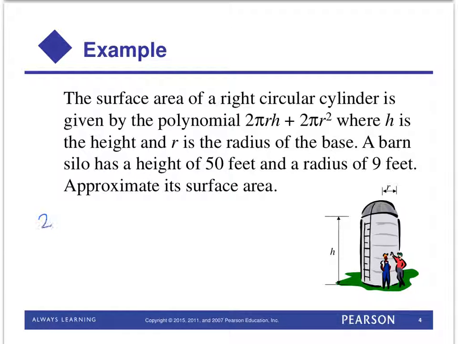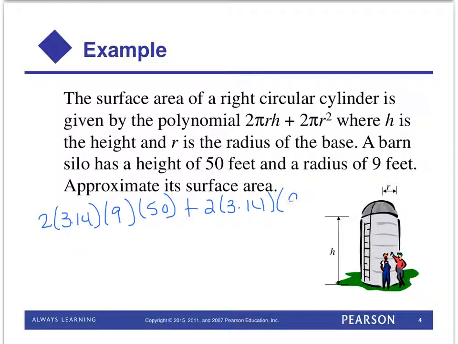So we have 2 times 3.14 times 9 plus, whoops, I dropped one. Dropped the 50, didn't I? Because I had to get our height. Times 50, plus 2 times 3.14 times radius, that's your r.